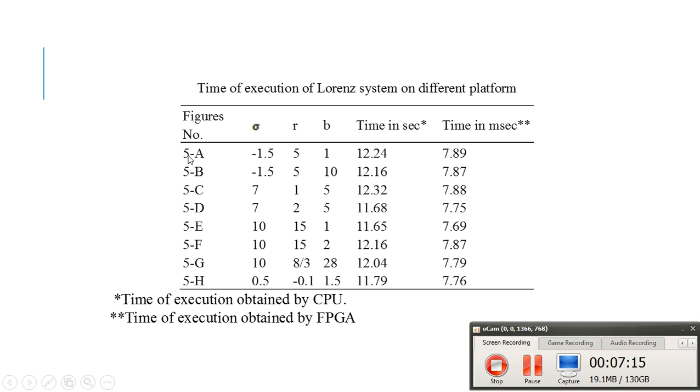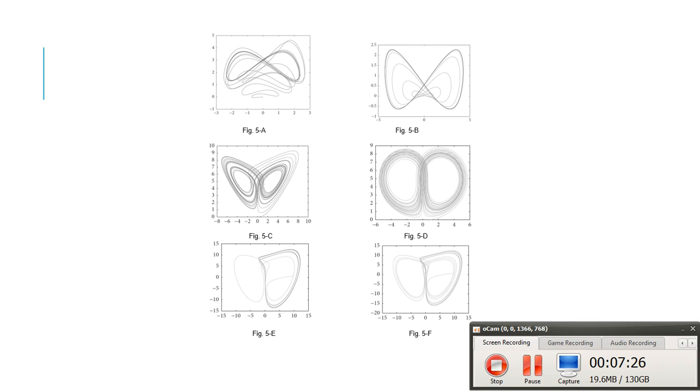Figures 5A to 5H are also displayed in the next slide. These are different Lorenz system figures with different parameters.